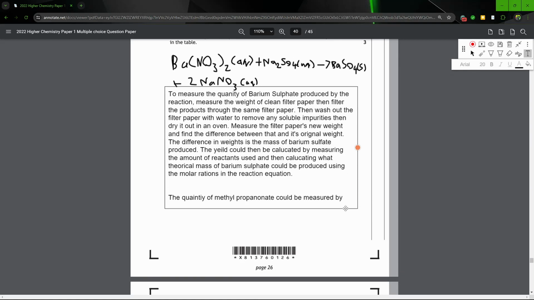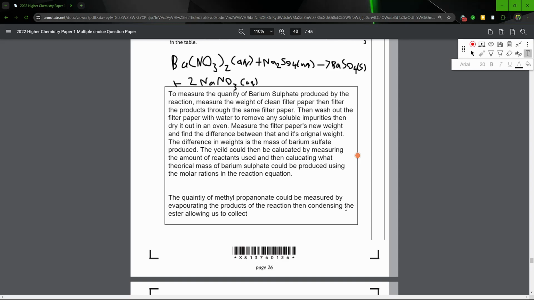The quantity of ethyl propanoate could be measured by evaporating the products of the reaction, and then condensing the ester, allowing us to collect it.